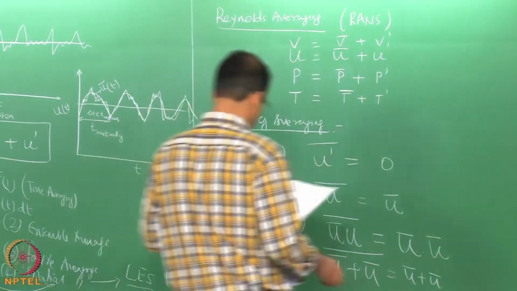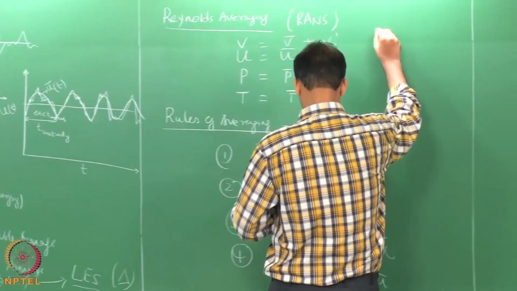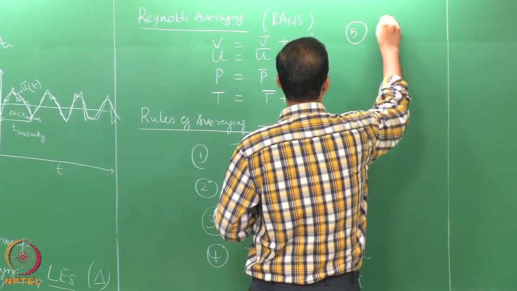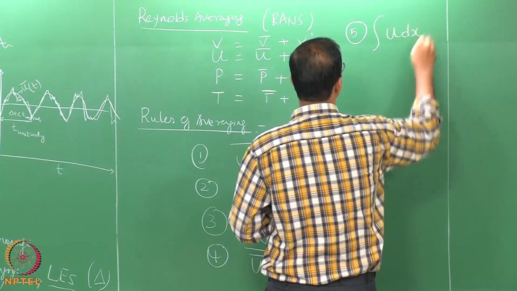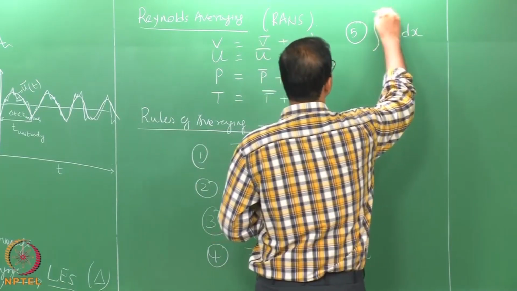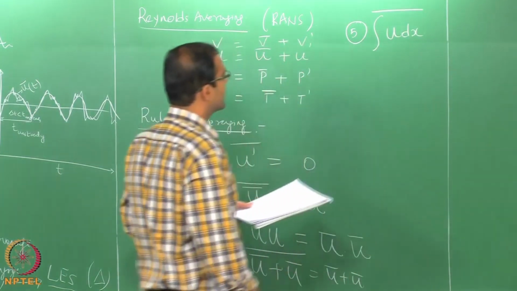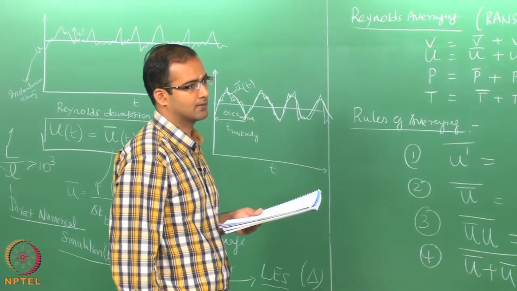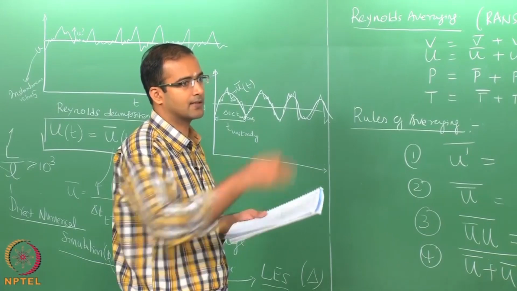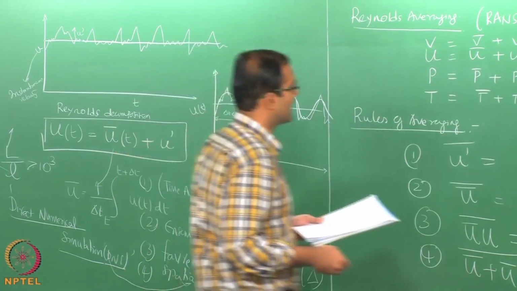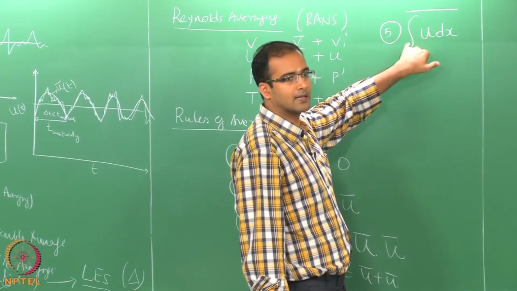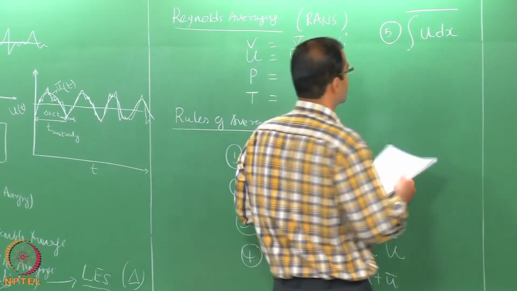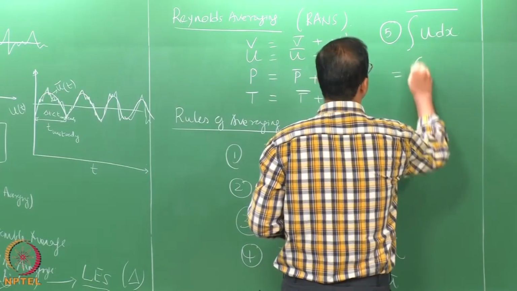Number 5, apply, for example, the mean to the integral. That means I am averaging the entire integral of an instantaneous component. So, I have, say, the integral of u dx and I want to average this. This averaging operation applies only to this u and not to the integral. So, this can be written as, therefore, what?